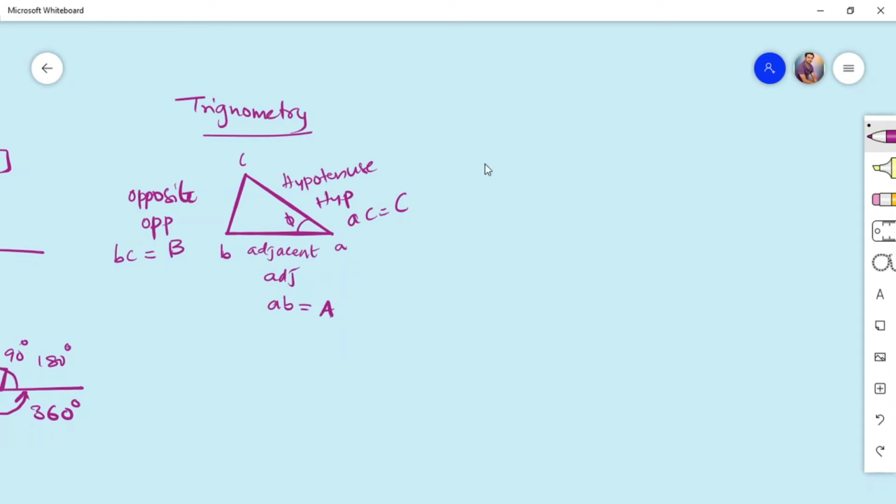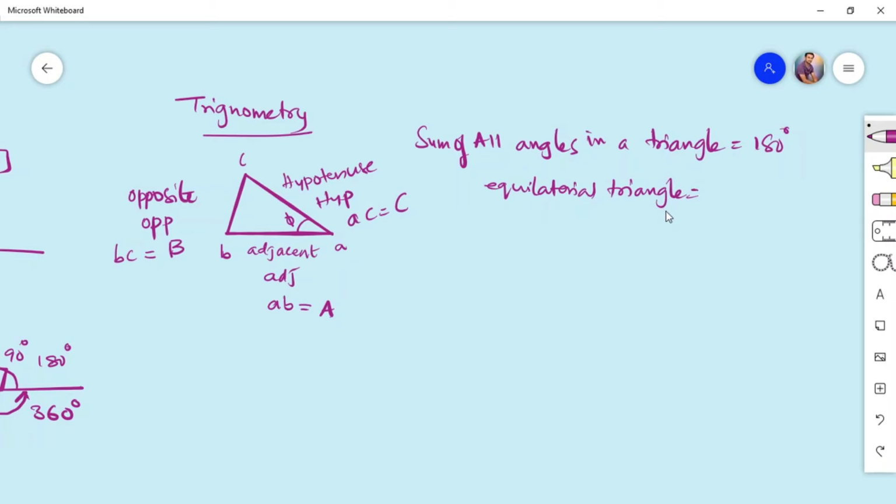And you should remember one thing in a triangle: the sum of all angles in a triangle is equal to 180 degrees. So, we have three types of triangles, the first being the equilateral triangle.